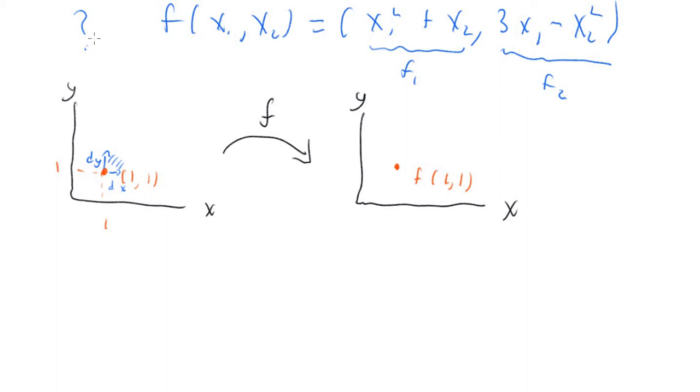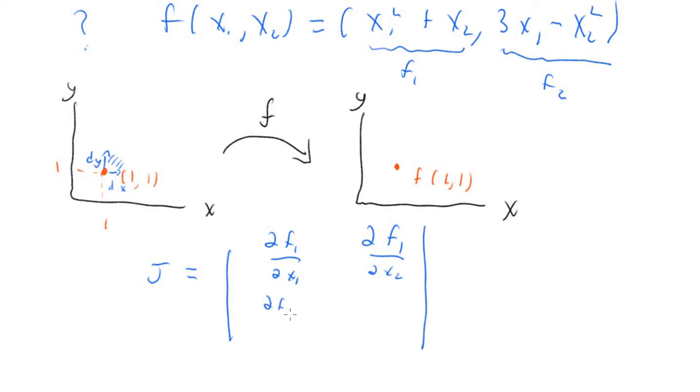You may have learned of the Jacobian matrix. The Jacobian is where we take the partial of f1 with respect to x1, the partial of f1 with respect to x2, the partial of f2 with respect to x1, and with respect to x2.